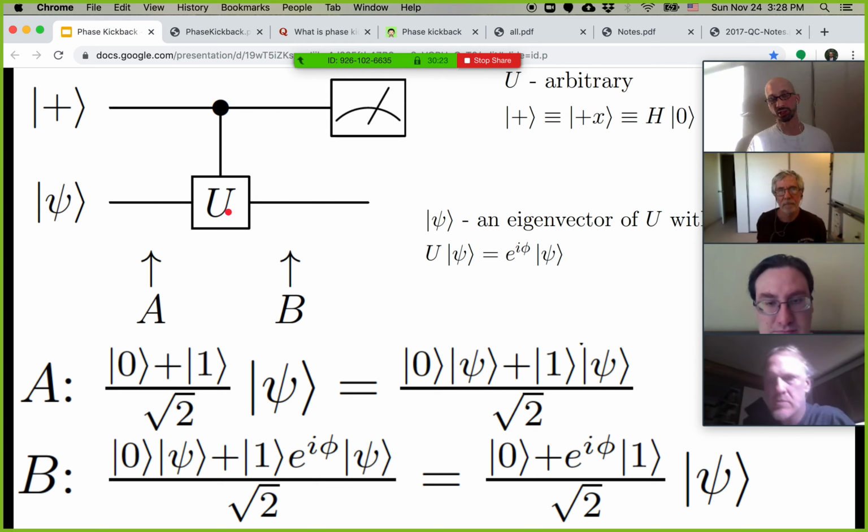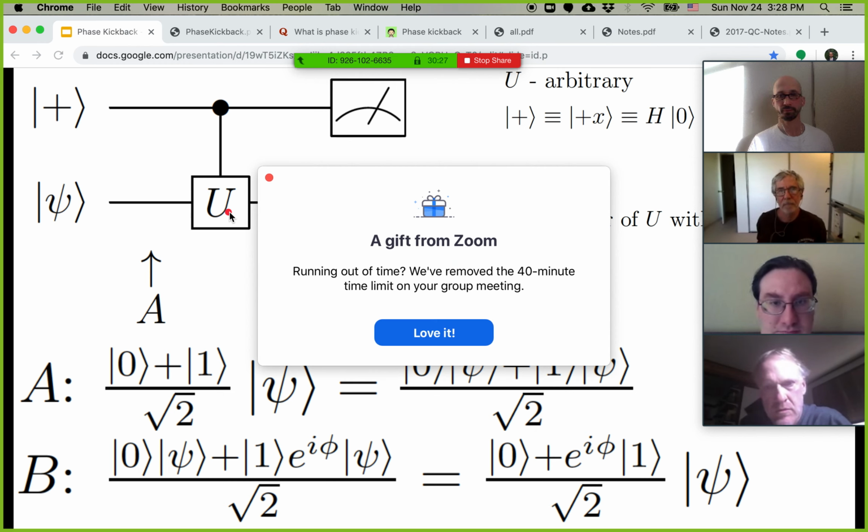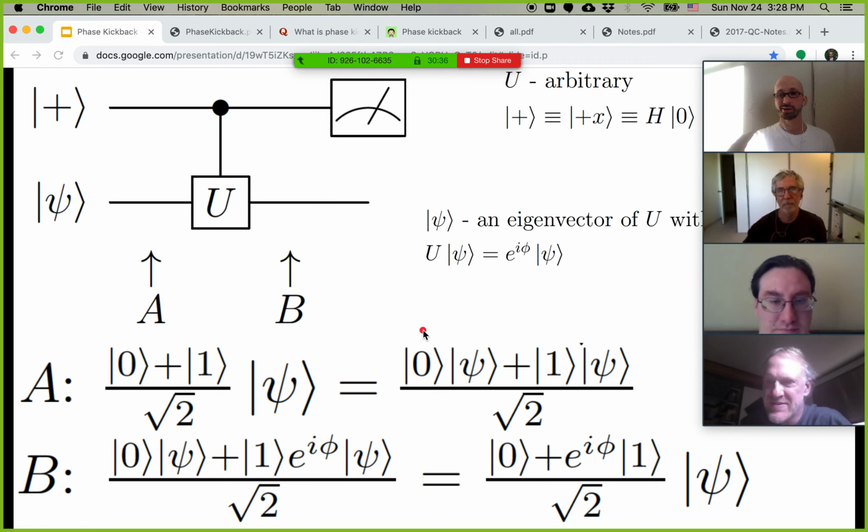So in fact, if you look at this in X, oh great. I'm not sure if you could see this, but they just told me that there is no 40-minute limit on our session today, because it's something I didn't pay for.